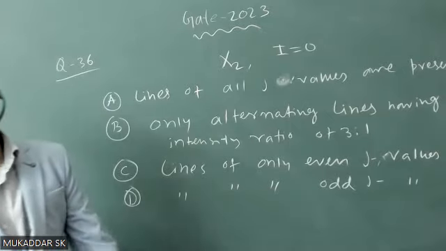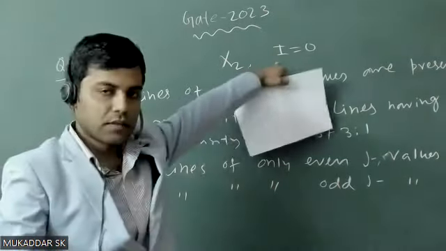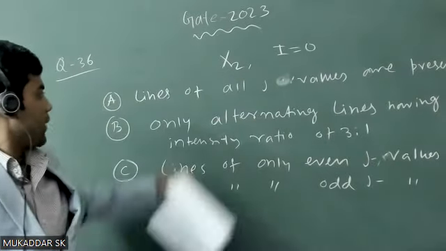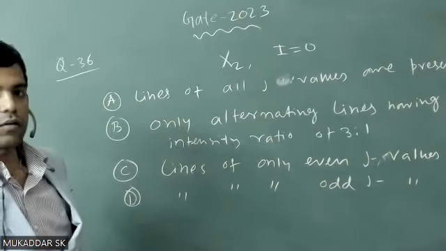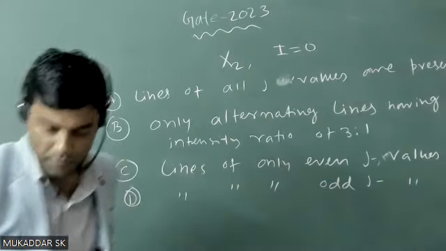Okay, so you have a diatomic molecule having nuclear spin 0, and you have to identify the correct statement regarding rotational Raman spectra of this molecule. Interesting problem, let us solve.